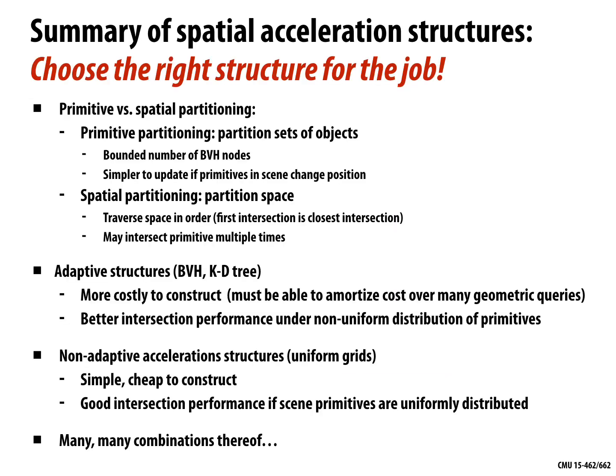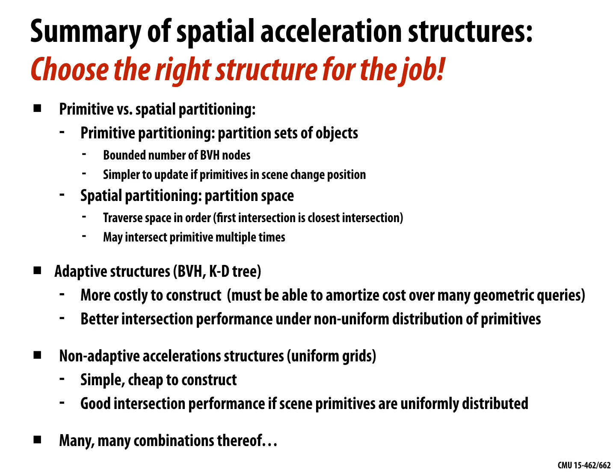The summary, as with all of the things we study in this class, is to not get too stuck on one way of thinking about this, but really choose the right data structure or the right strategy for the job, right? And just to recap, at a high level, we had two major categories of hierarchical acceleration structures. We had primitive partitioning versus spatial partitioning.